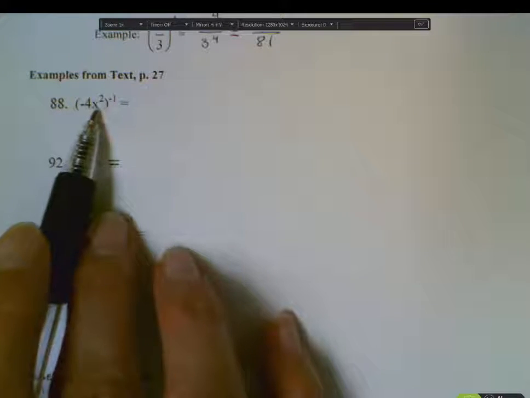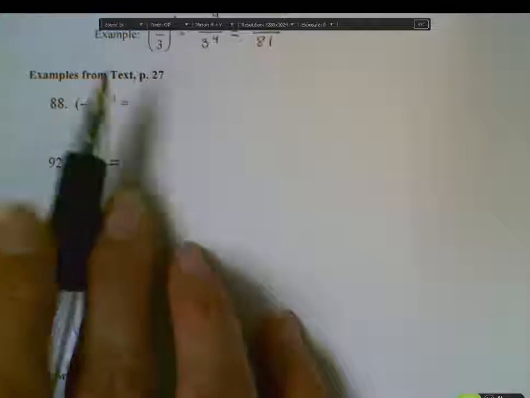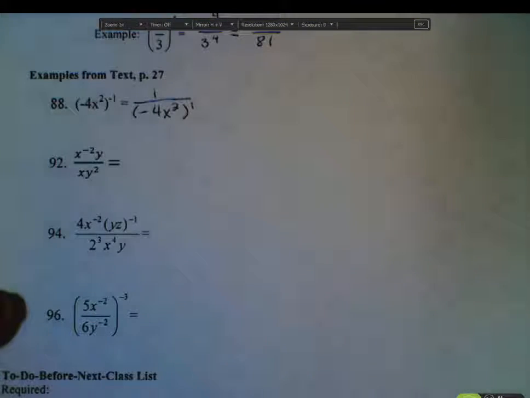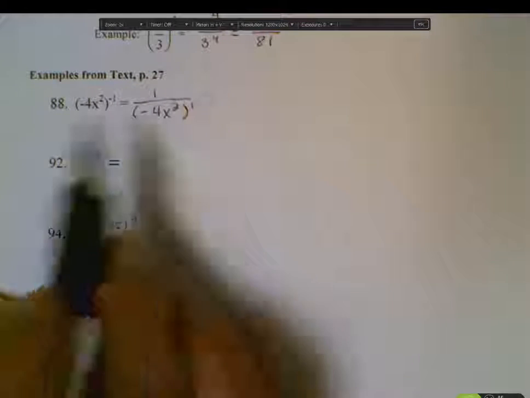Well, I know that anything to a negative exponent, I could take the reciprocal of the base, and then that would be to the positive 1. Taking the reciprocal of the base makes this exponent positive.